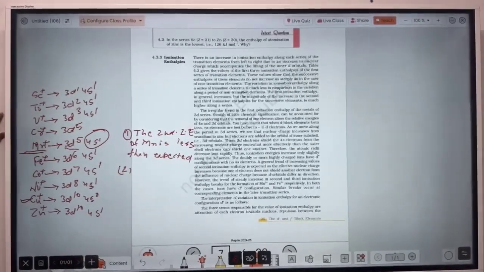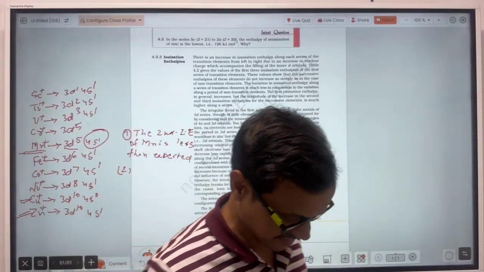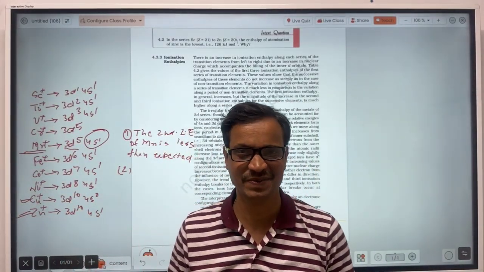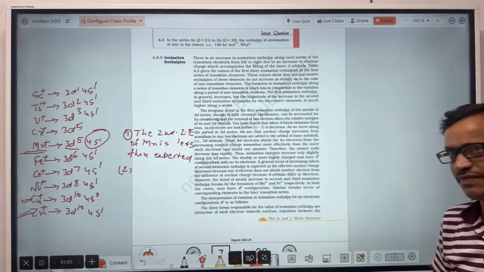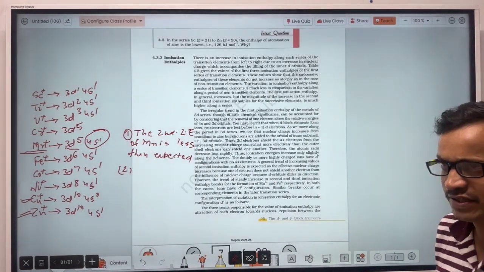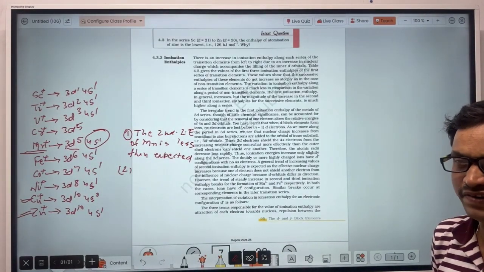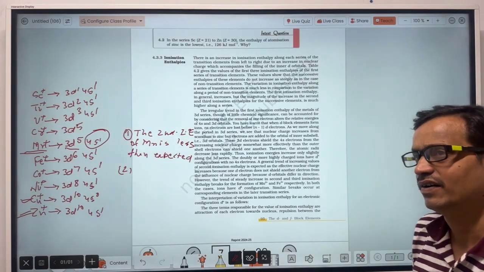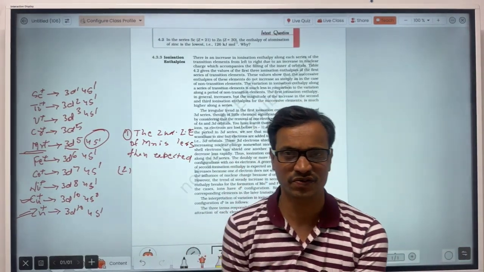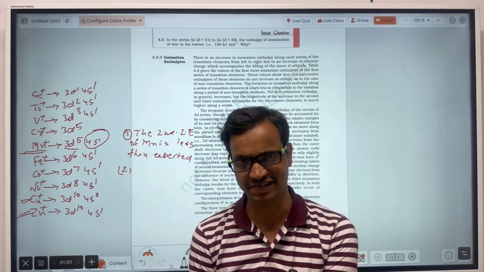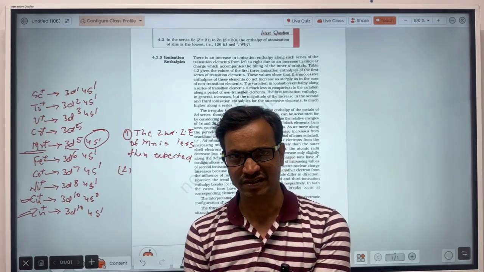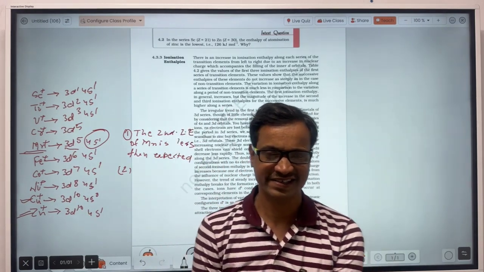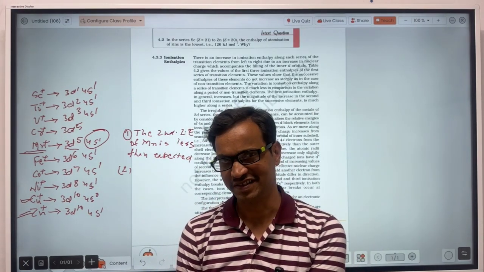Same here, come to zinc, and in this case the second ionization enthalpy of zinc will be lowest, because the valence orbital of the zinc ion Zn2 plus will be a fully filled d orbital, which will provide extra stability to Zn2 plus.